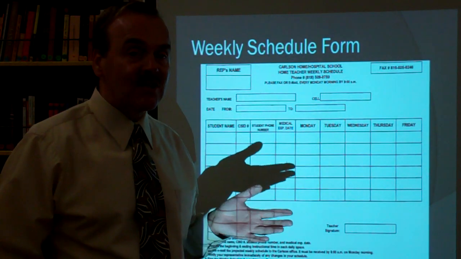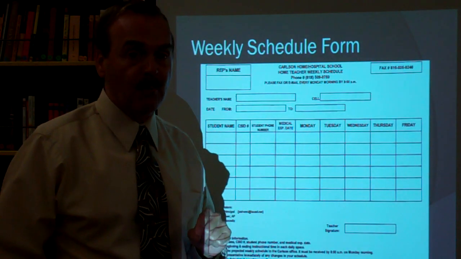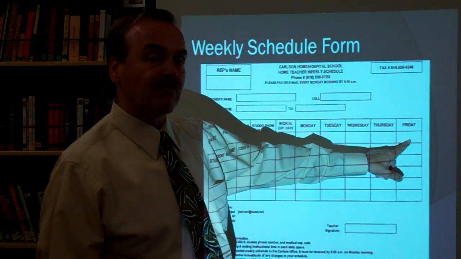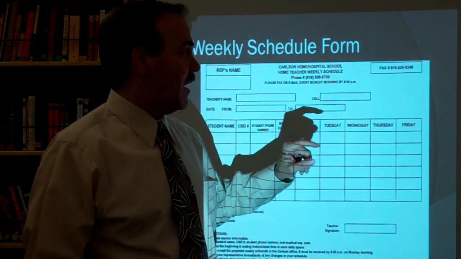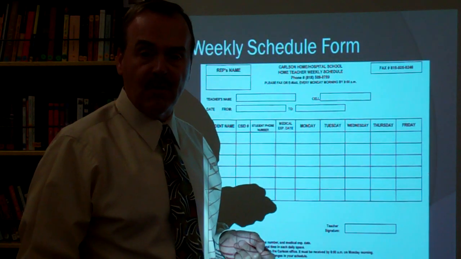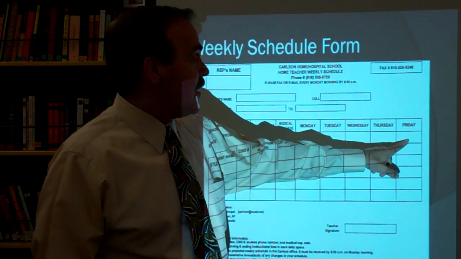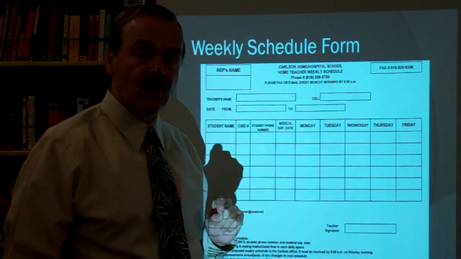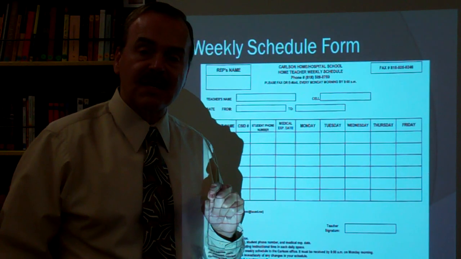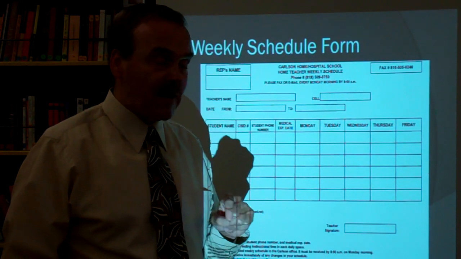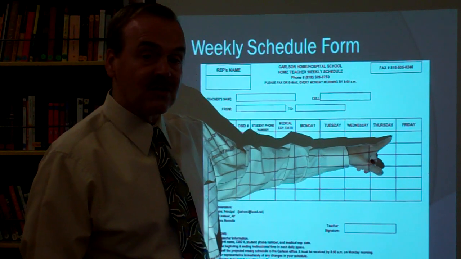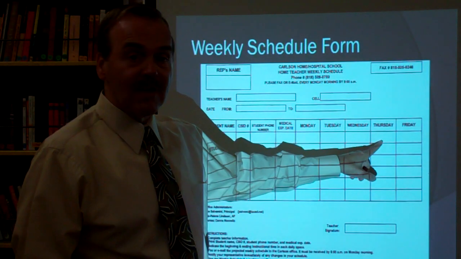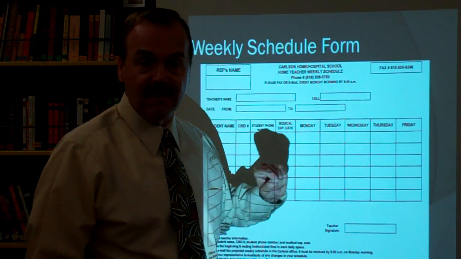If you have any changes in your schedule, and this is very important, say you wrote down that on Friday you were going to be with that student from 3:30 to 4:30, but you had a change and rescheduled the student for Thursday, you need to call that change in immediately to your rep, so your rep can make that change to the schedule you emailed in. That way I know which day you're supposed to be there.